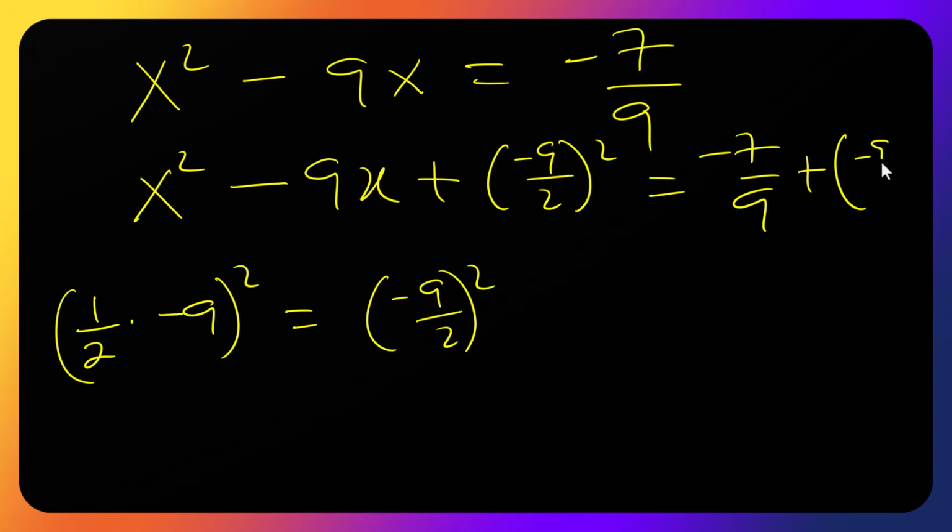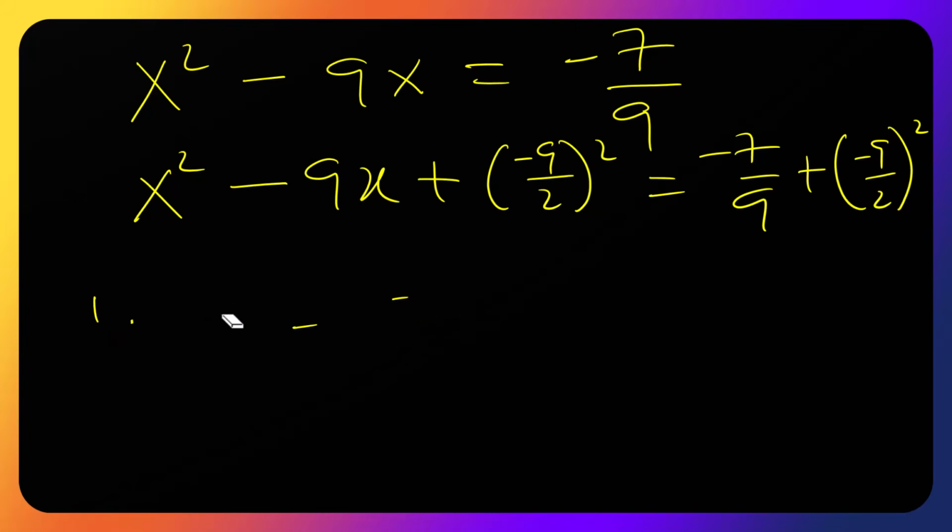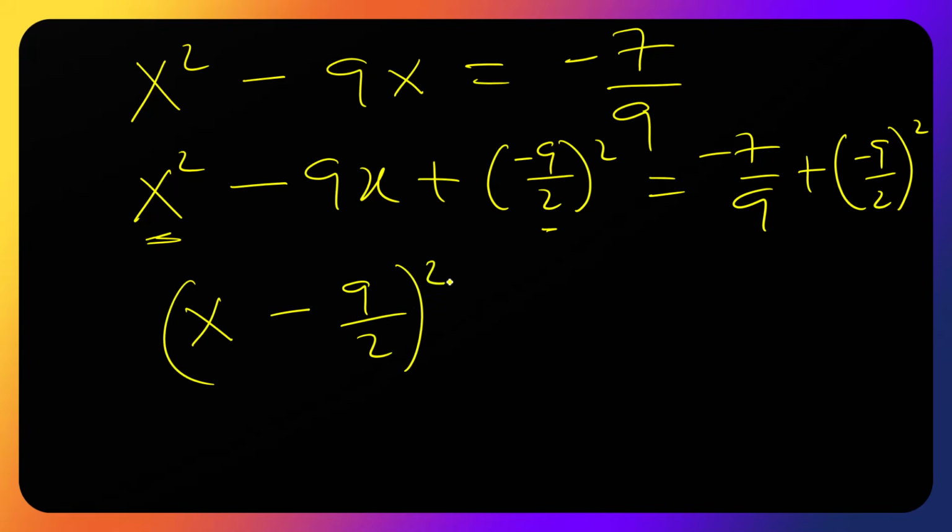So we have x minus 9 on 2, all squared, equals minus 7 on 9 plus 81 on 4.